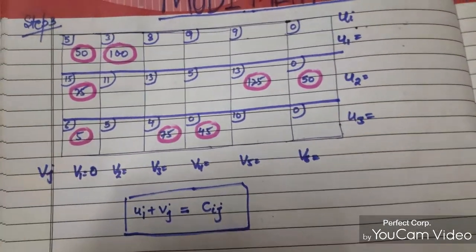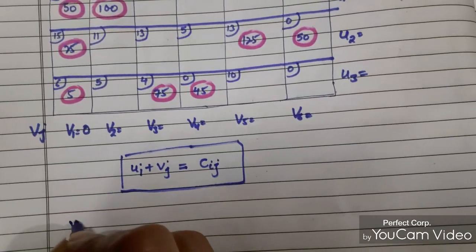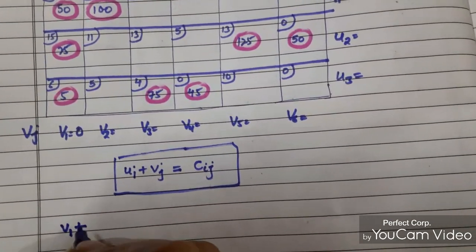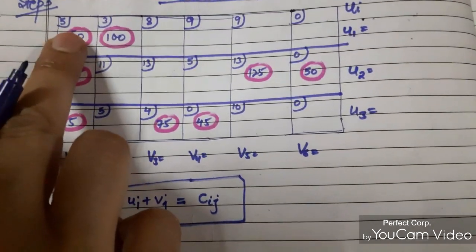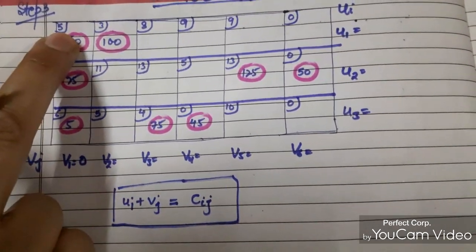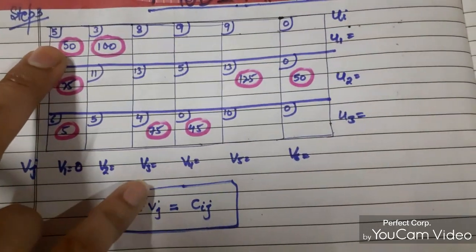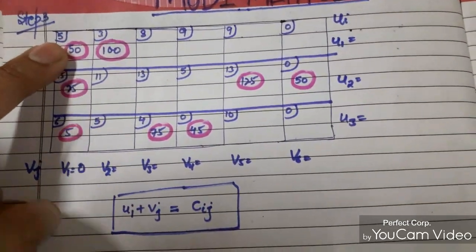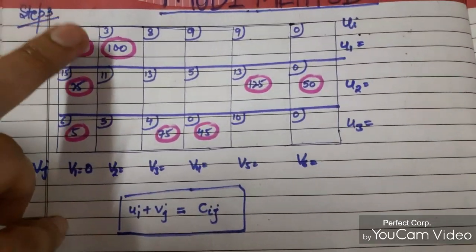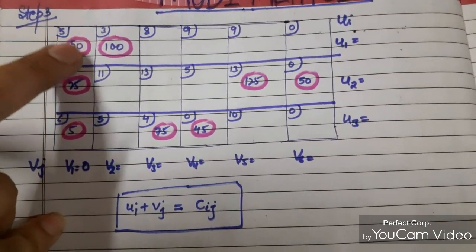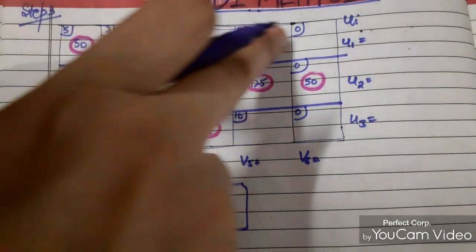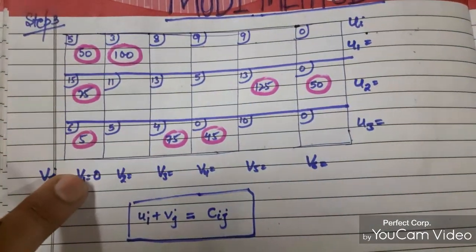We will start from v1. Using the first cell, this cost can be written as c11, first row and first column.